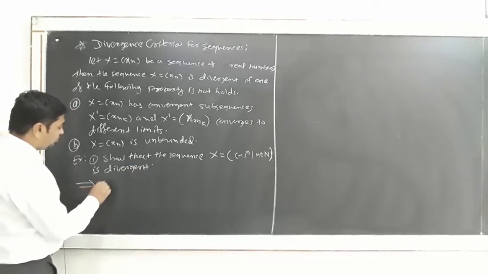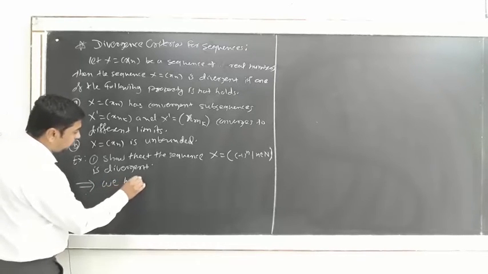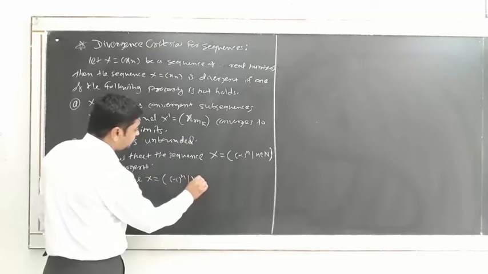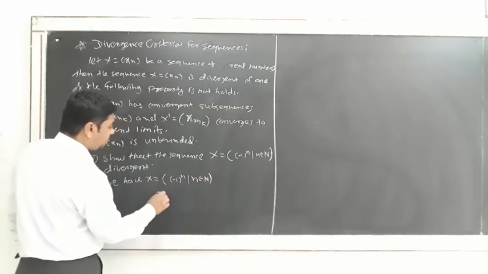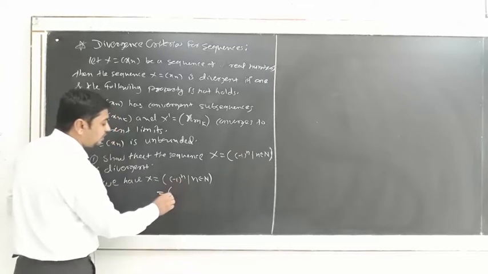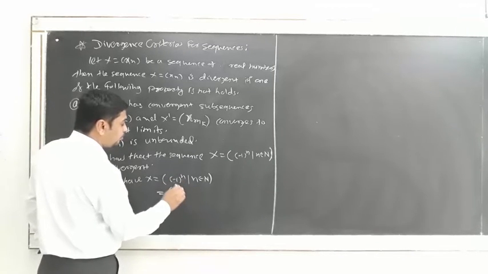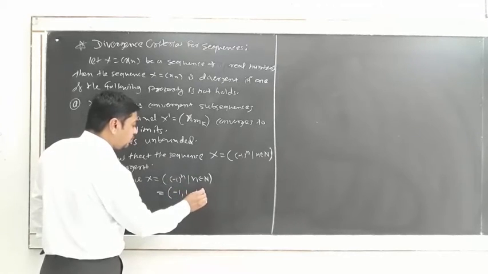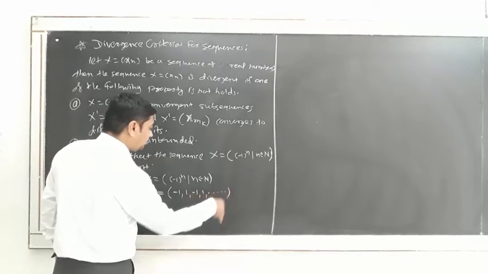We have X = ((-1)^n), and this is nothing but, for n = 1, it is -1. For n = 2, (-1)^2 is 1. That is -1, 1, -1, and so on.